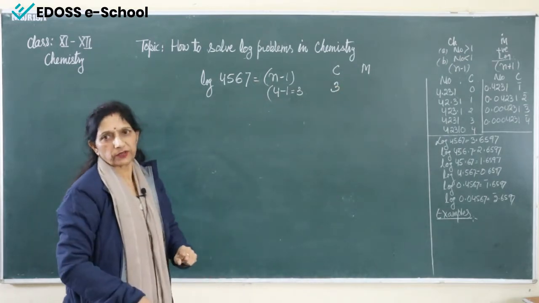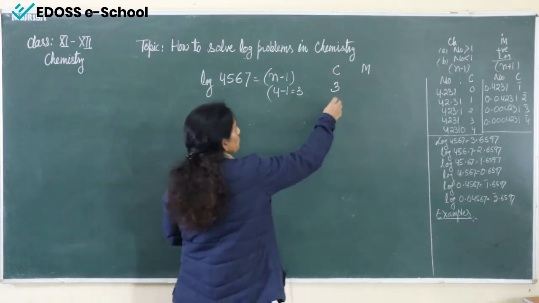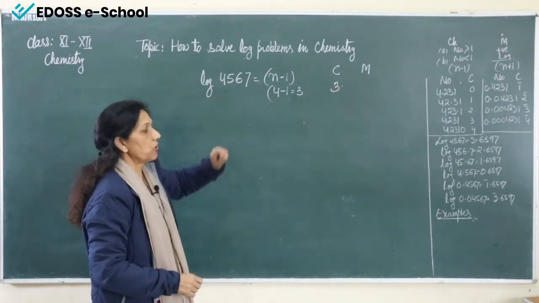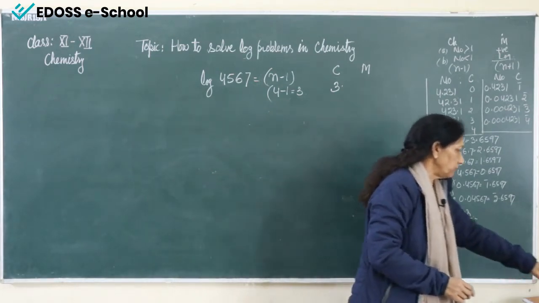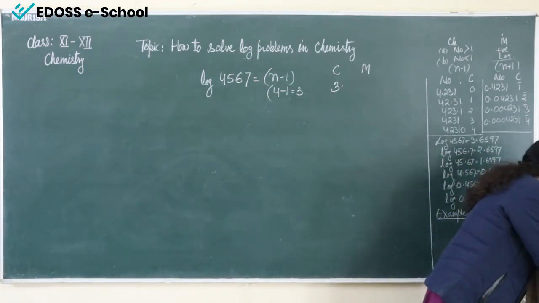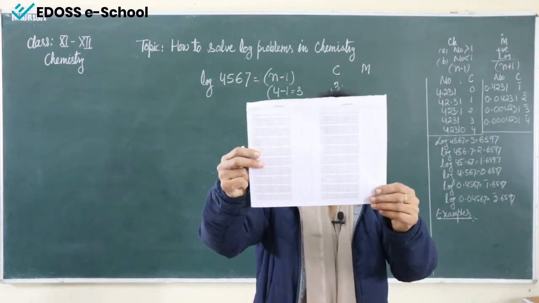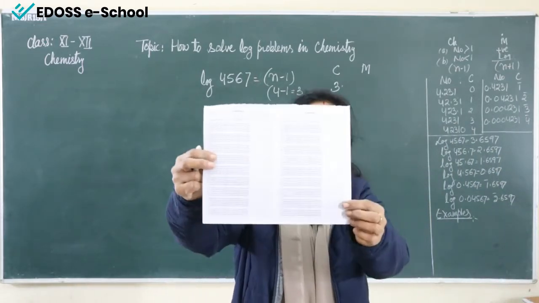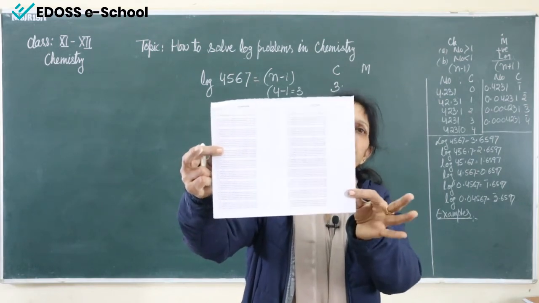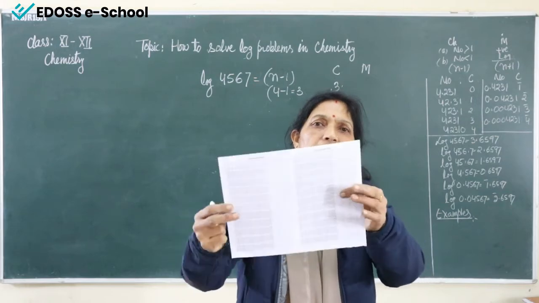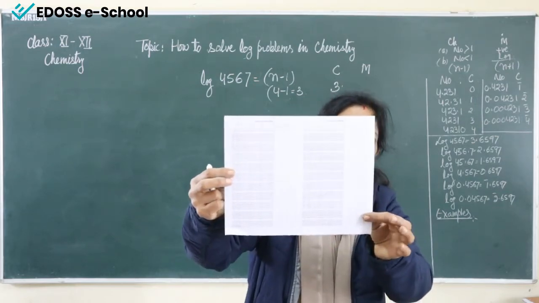Now how to find the mantissa? I'll put the decimal after this, and from the log table, this type of table you must have seen. This is known as the log table. Two types of tables are there: one is the log table and another is the anti-log table.